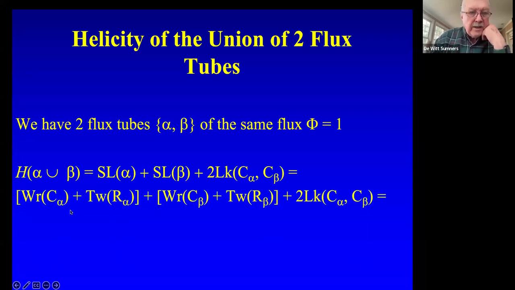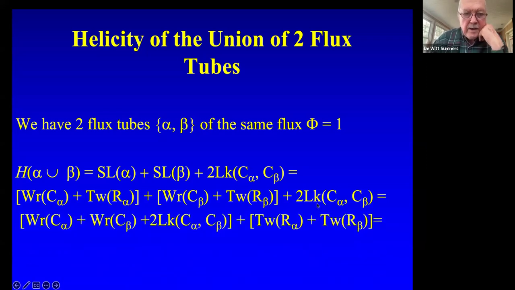I'll rewrite this as the writhe plus the twist of the first flux tube alpha plus the writhe plus the twist of the second flux tube alpha, using the Calugareanu-White theorem, plus 2 times the linking number. That can be rewritten like this: the writhe of one plus the writhe of the other plus 2 times the linking number. Now that's a quantity we looked at before.